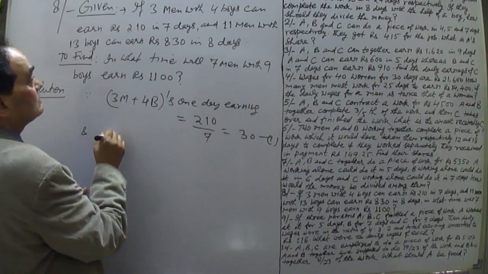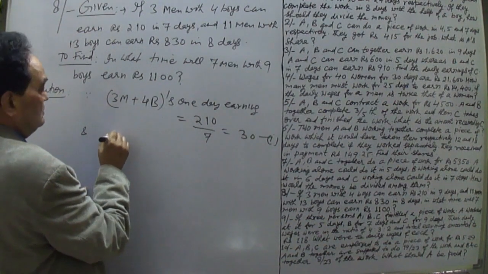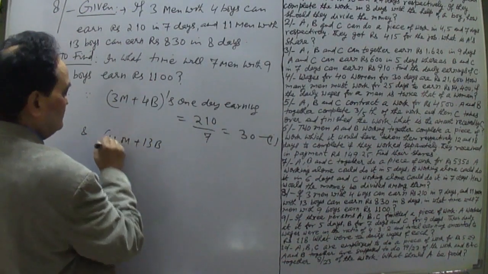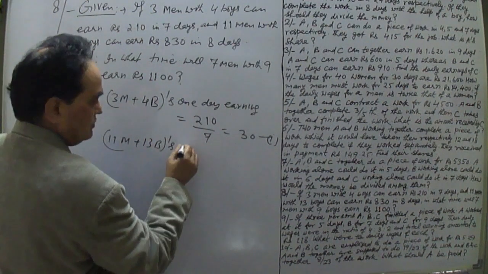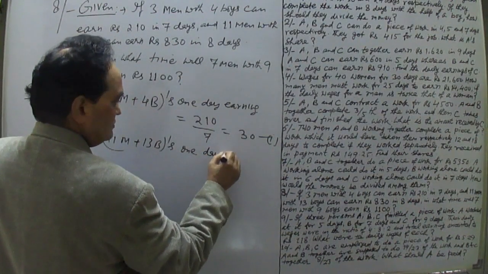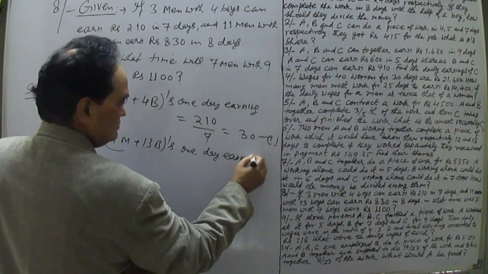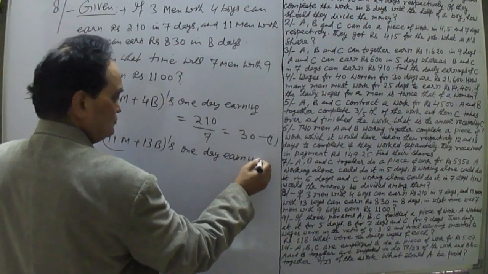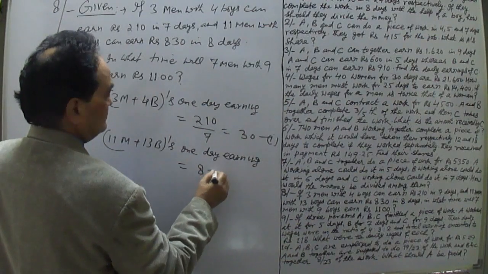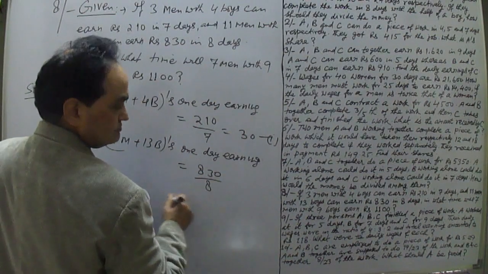And the second point is that 11 men plus 13 boys is 1 day earning. Their 1 day earning is what? Let me find out this also. So this is 830 divided by 8.